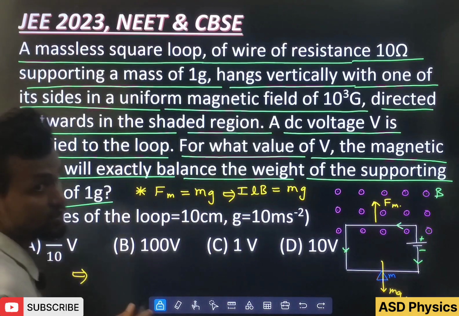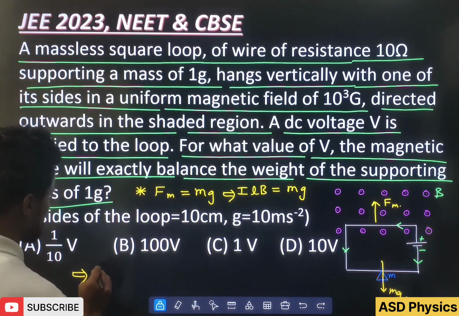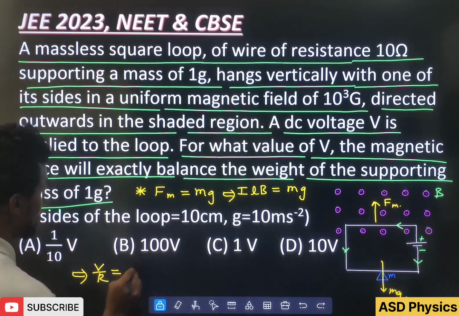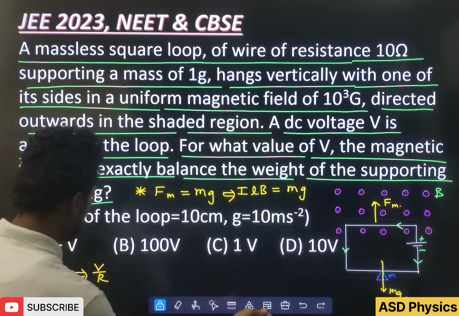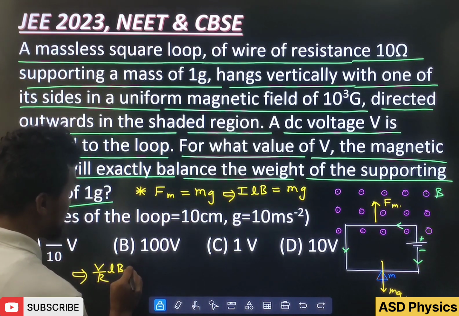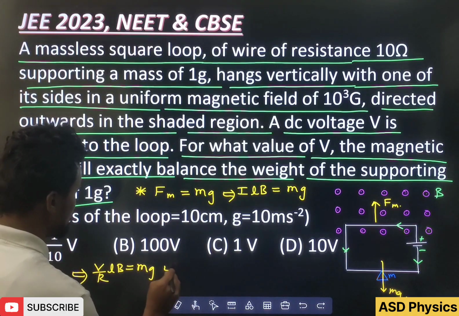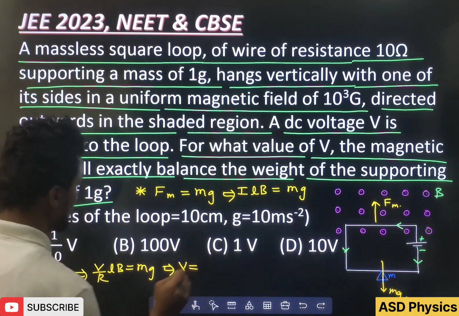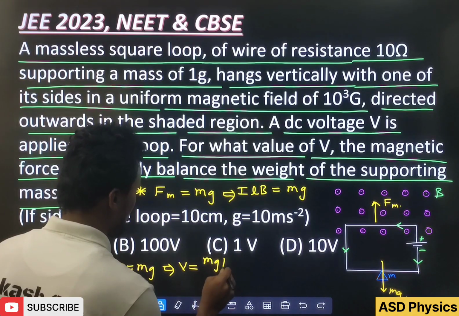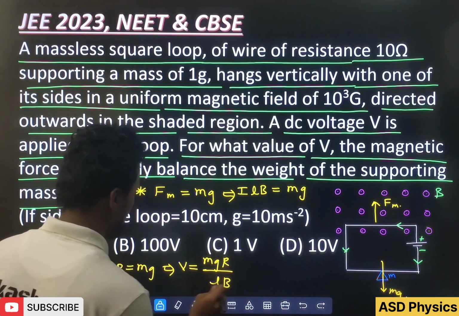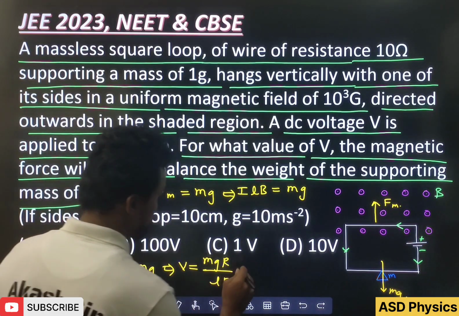They are asking for the voltage, so we apply Ohm's law: I equals V by R. So (V by R) LB is equal to mg. From here, the value of V will become mgR by LB.